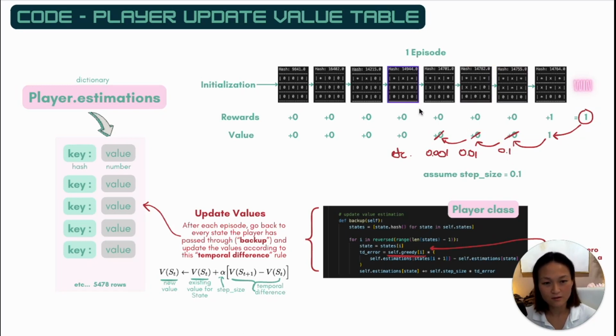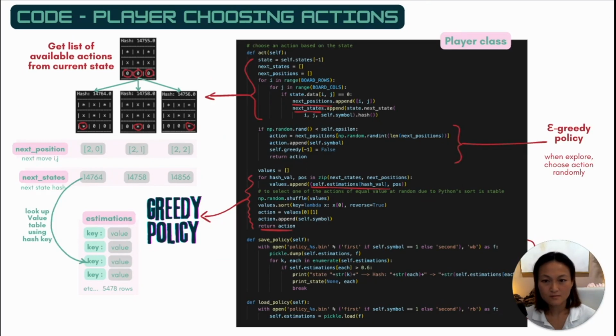You keep going, and every time you do this, you write the new value into this dictionary. This is the method within the player class that enables it to choose the right actions.